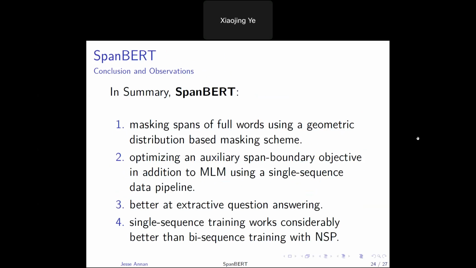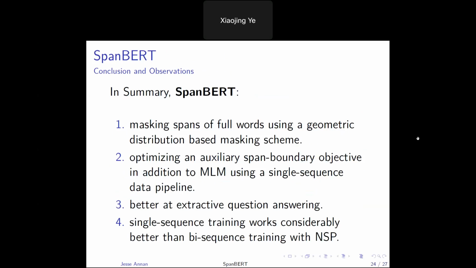So in summary, SpanBERT masks full words, not subwords, as in BERT. And it also optimizes the span boundary objective in addition to the masked language model using a single sequence data pipeline.